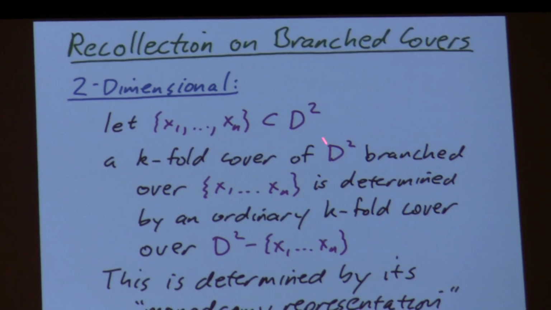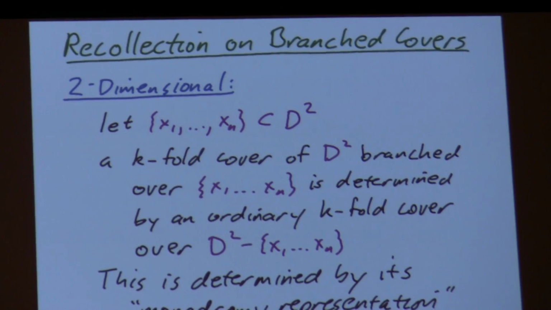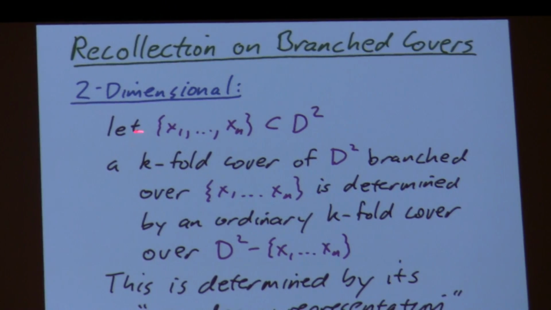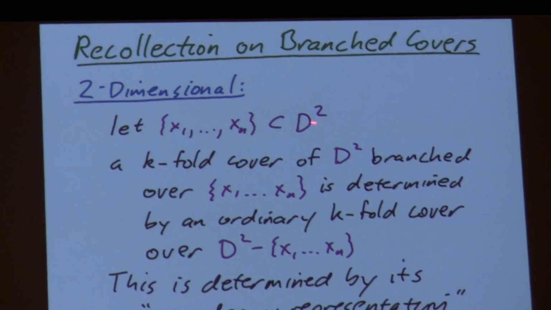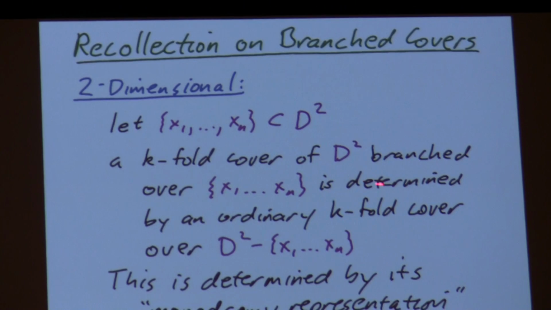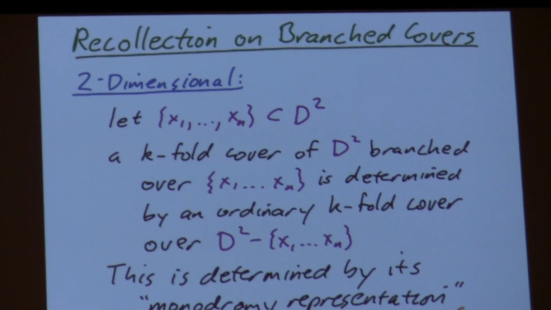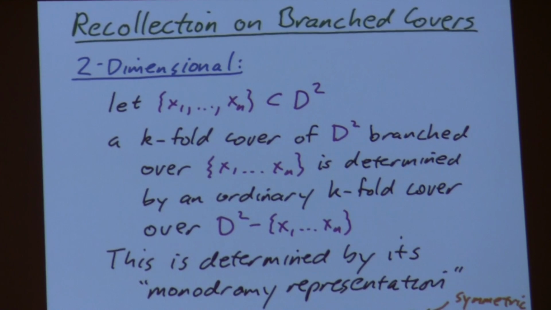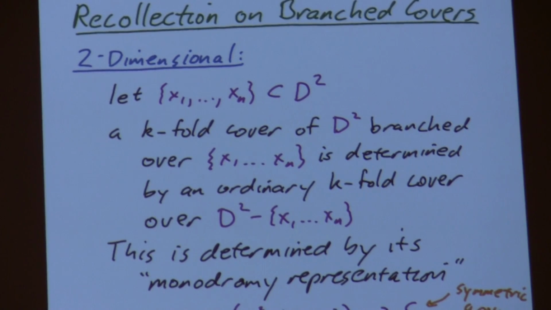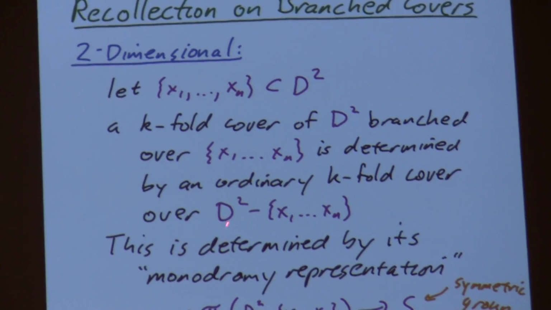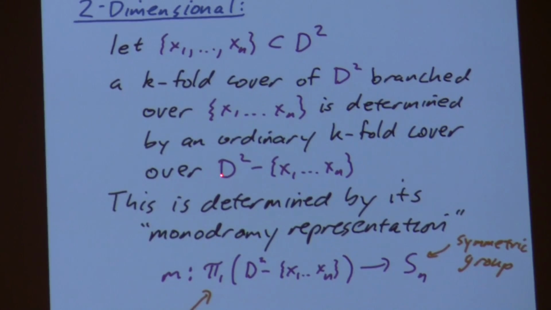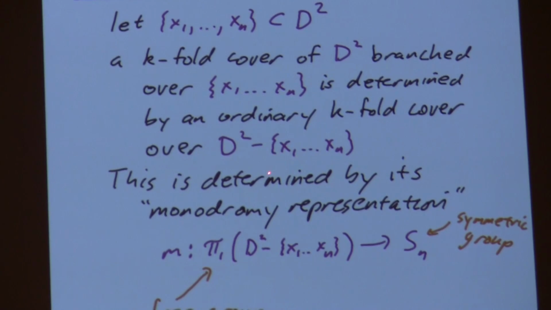So how do you understand branch covers over D2? You can do this over any surface, but D2 is easy because it's got less topology, right? So we're going to stick to that. Suppose I have a bunch of points in D2, and I want to look at, say, a k-fold branch cover of D2 branched over those points. The first thing to observe, from the definition, is that our branch cover is simply an ordinary cover of D2 over the complement of the points.